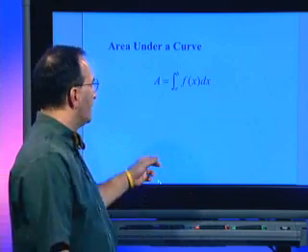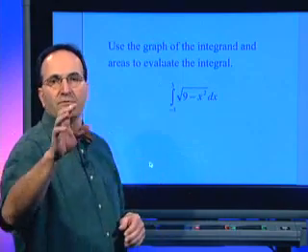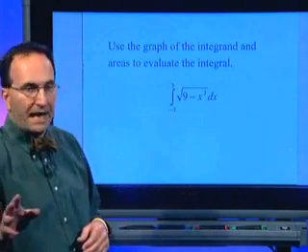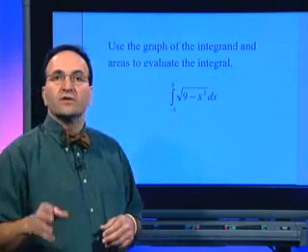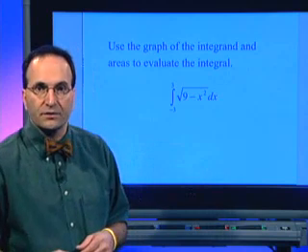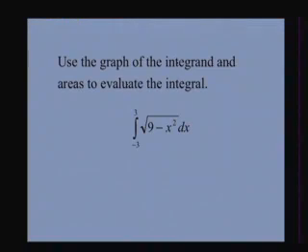All right, so now what we can do is actually try some examples where we're going to use that notation. So here we have used the graph of the integrand and areas to evaluate the following integral. And the integral we have is the integral from -3 to 3 of the square root of 9 minus x squared dx.